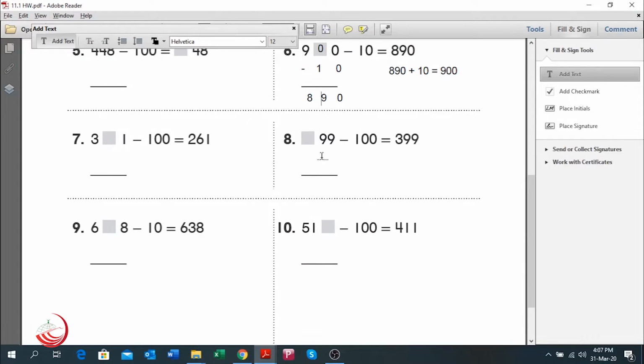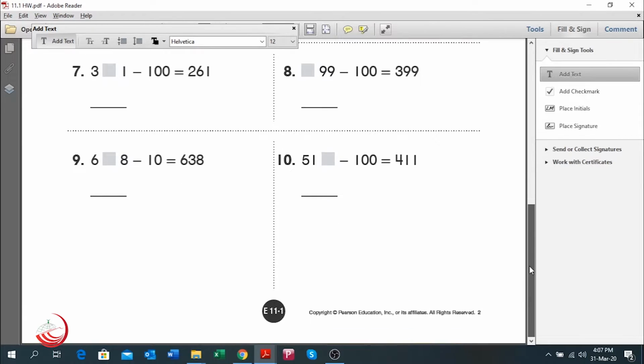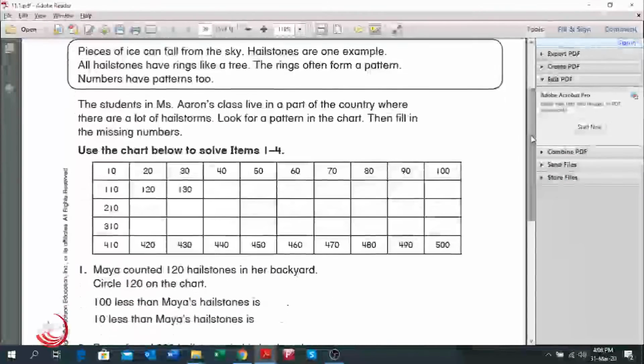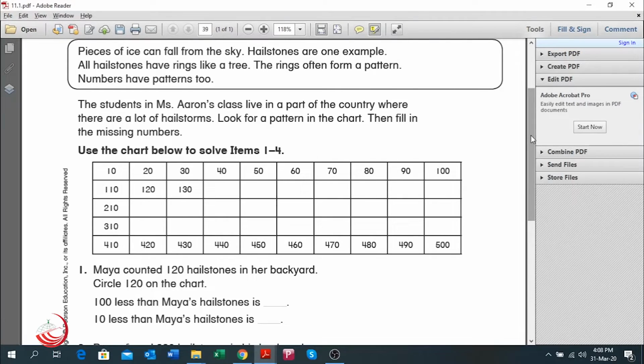This one is easy, this one is good. The rest is homework. There's nothing else tricky here. Now, the last sheet. Do you remember the patterns?